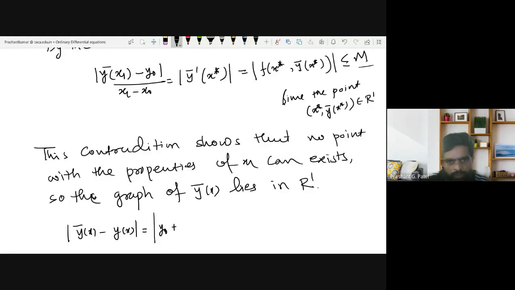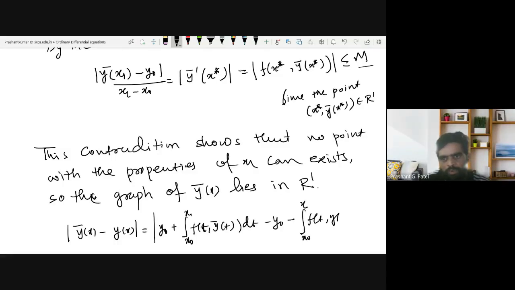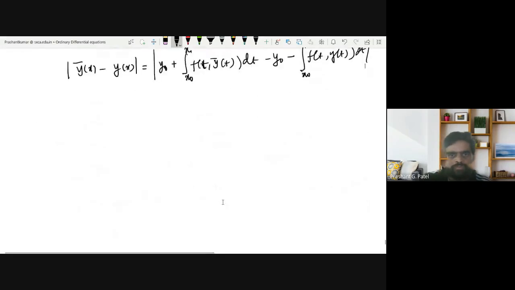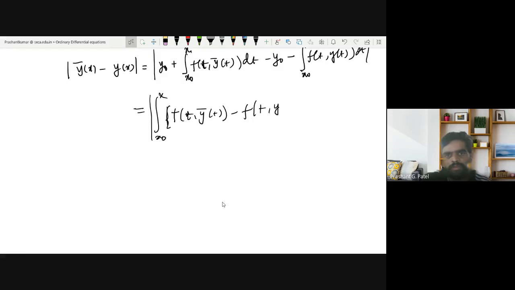So that's why, y0 plus the integration x0 to x of f of t comma y bar of t dt, minus y0 minus the integration x0 to x of f of t comma y of t dt. This will give you the integration from x0 to x of mod of f of t comma y bar of t minus f of t comma y of t dt.